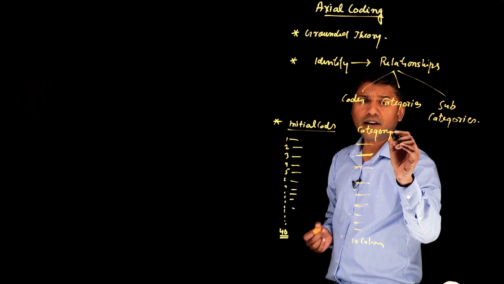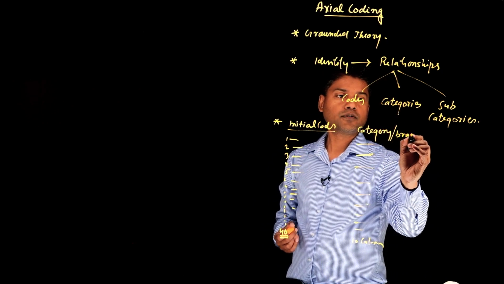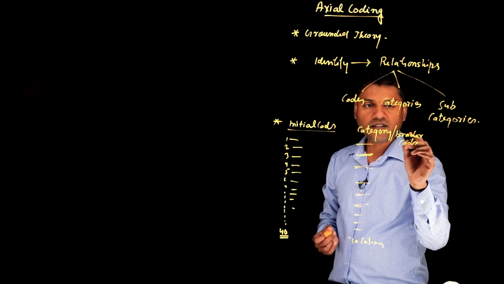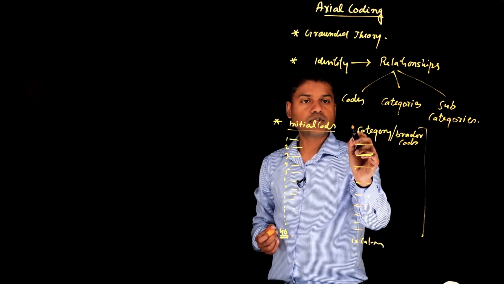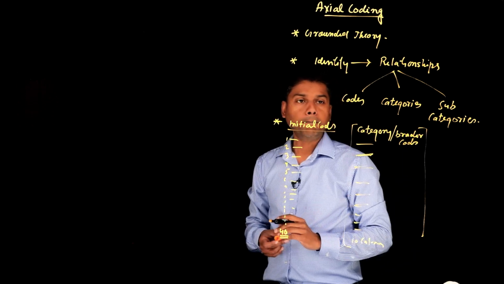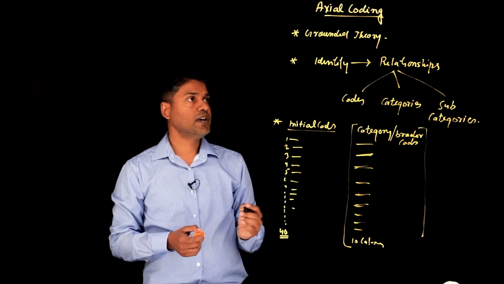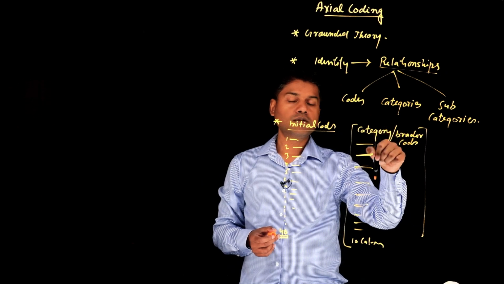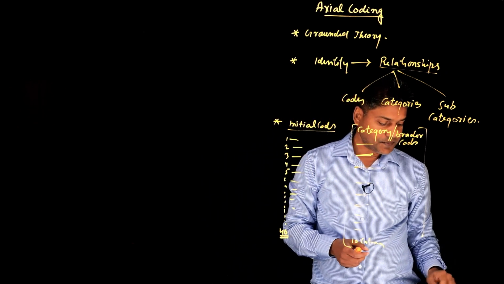In fact, I could say a category is like a broader code. At this stage, you start the process of axial coding. And what you do, as I said previously, is try to understand the relationship between codes, categories, and subcategories.